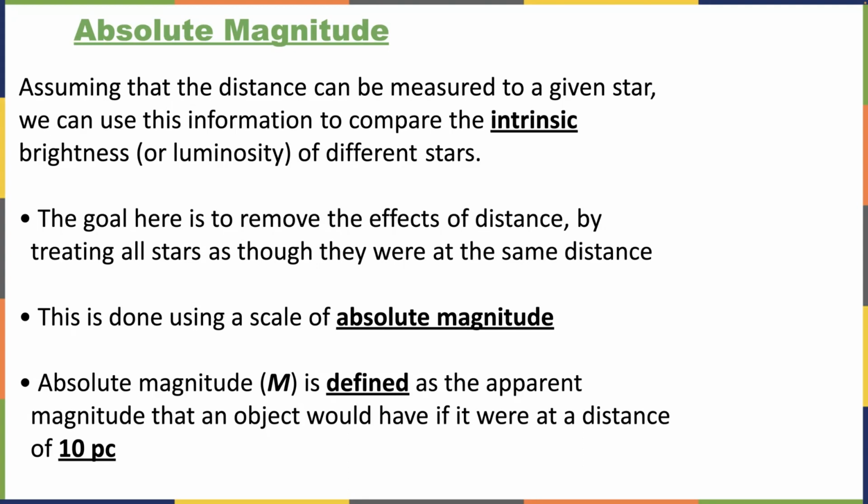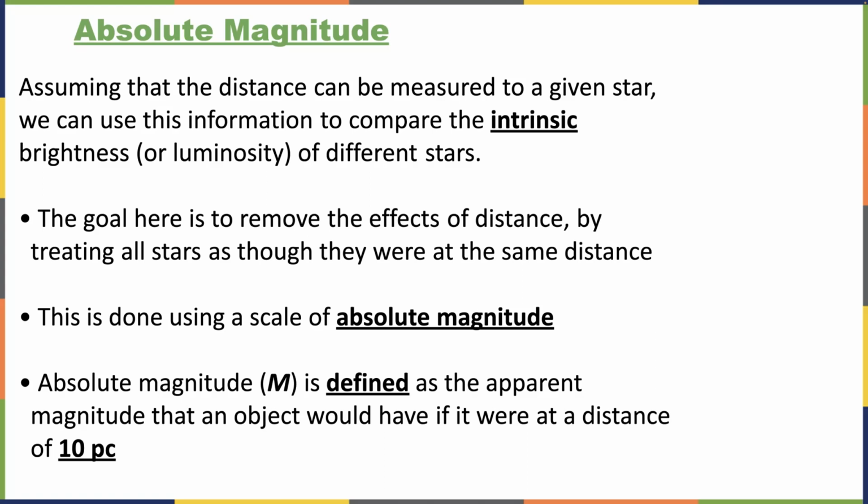Now the important thing here is that when you compare the brightness or the magnitude values of stars, we keep all the stars at the same distance to make a fair comparison, right?